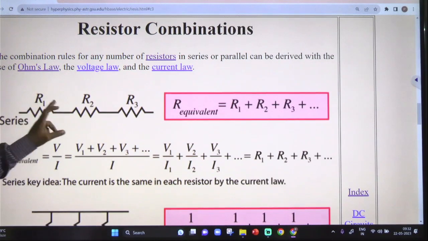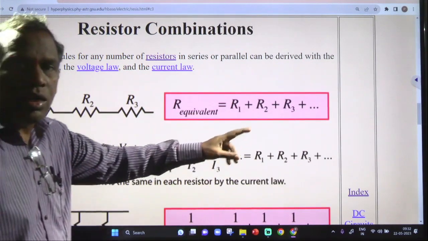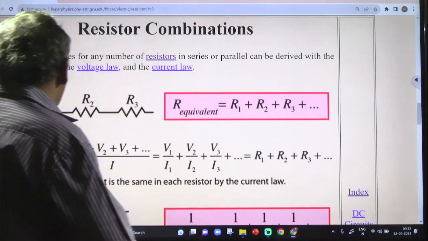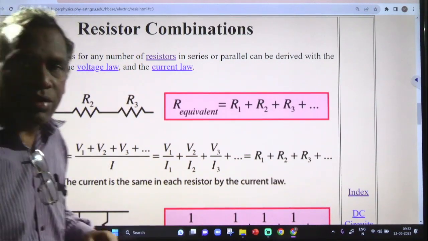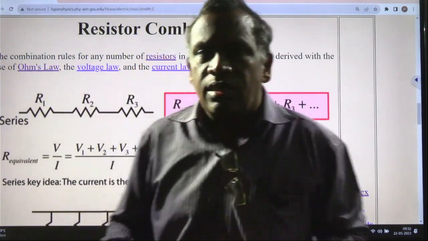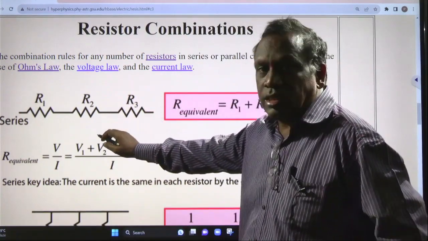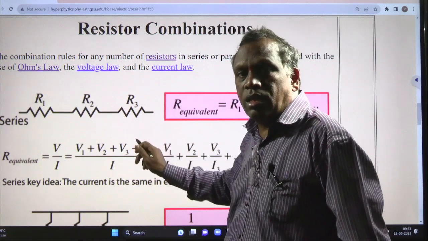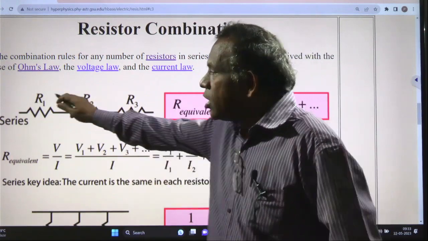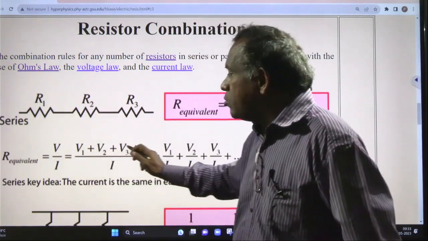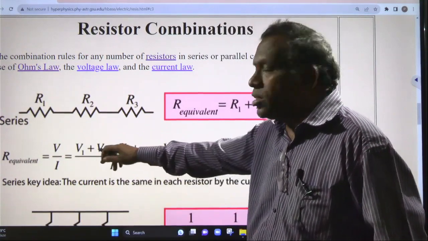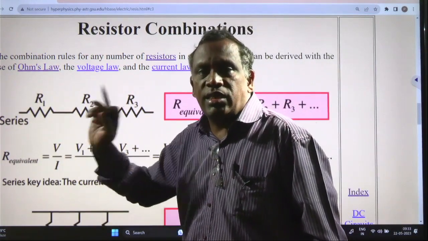For example, V1 is the voltage across the R1 resistor, V2 is the voltage across the R2 resistor, and V3 is the voltage across the R3 resistor. So the total voltage is equal to the sum of individual voltages in the series connection.